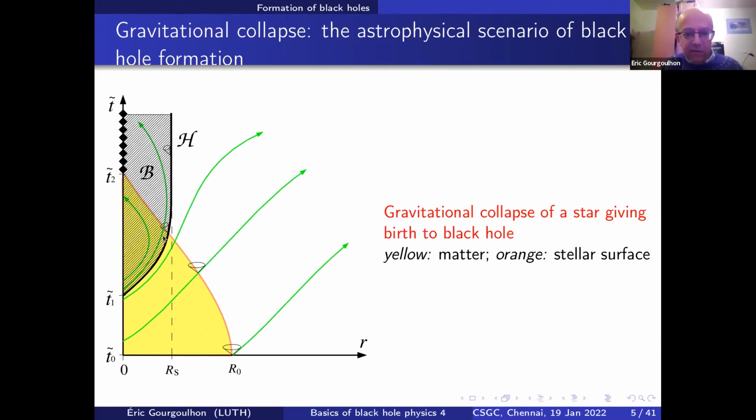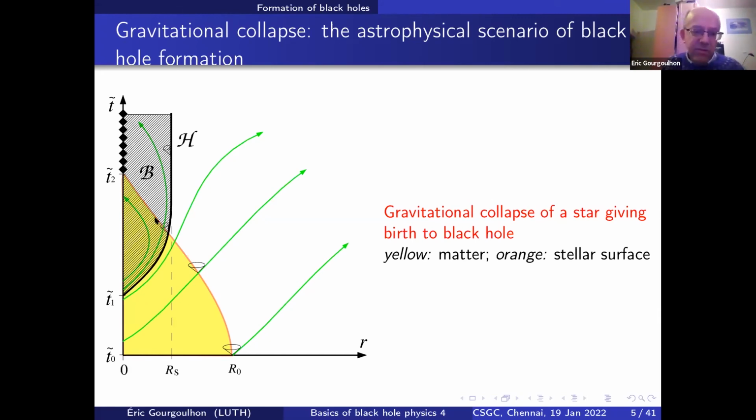Here we see clearly the black hole formation because, for instance, if you take this light ray emitted from the center of the star, so suppose the star is transparent to that photon, then it can reach infinity. But this one, which is emitted very nearby, cannot reach infinity. It is trapped in this region, which is the black hole region. And all the subsequent photons emitted in this region are also trapped.